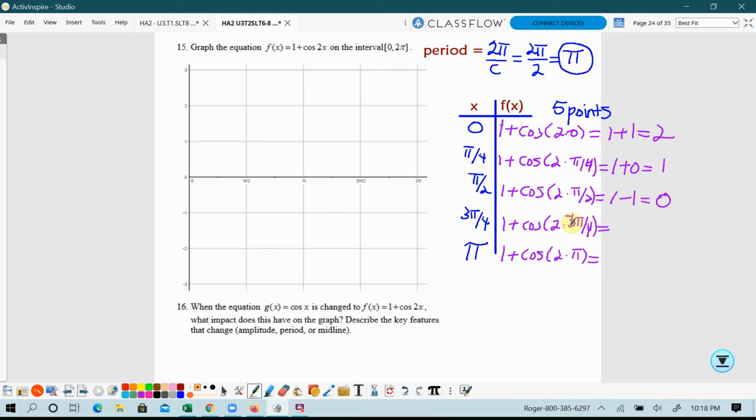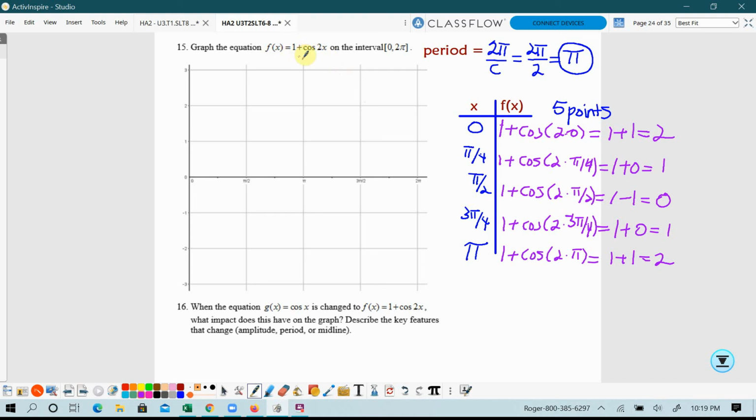The cosine of 3 pi over 2 is 0. Plus 1 is 1. And then 2 times pi is 2 pi. Of course, cosine of that is 1. 1 plus 1 is 2.